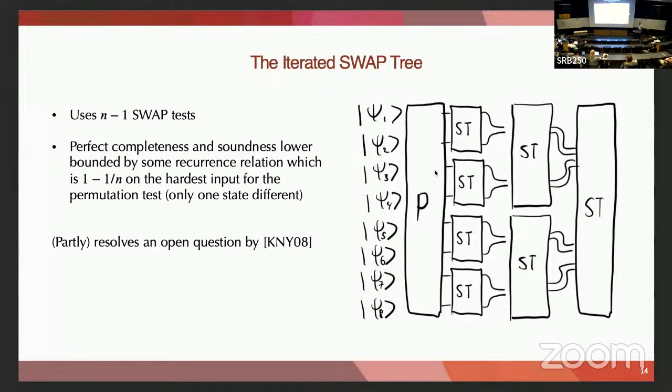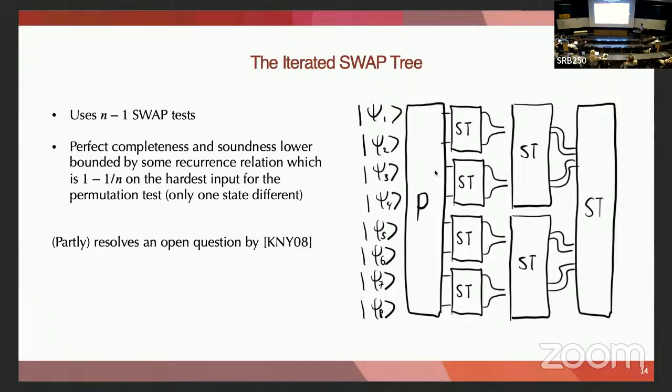It would be interesting to find whether this test gives some advantages over the permutation test over a wider class of assumptions for the input states. But as I said, that would involve understanding the representation theory of this iterated wreath product group at a higher level.